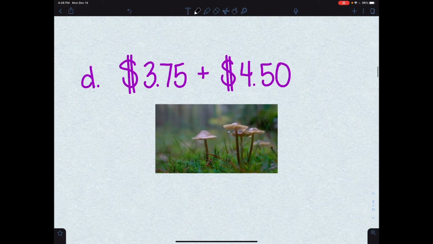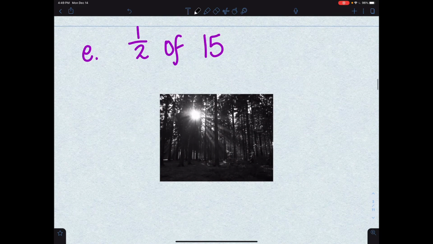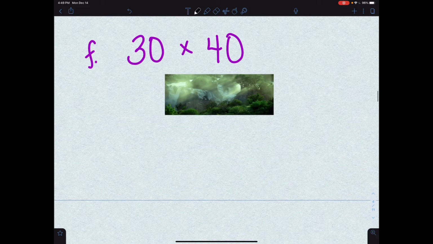D is going to be $3.75 plus $4.50. E, what is 1/2 of 15? F, what is 30 times 40?